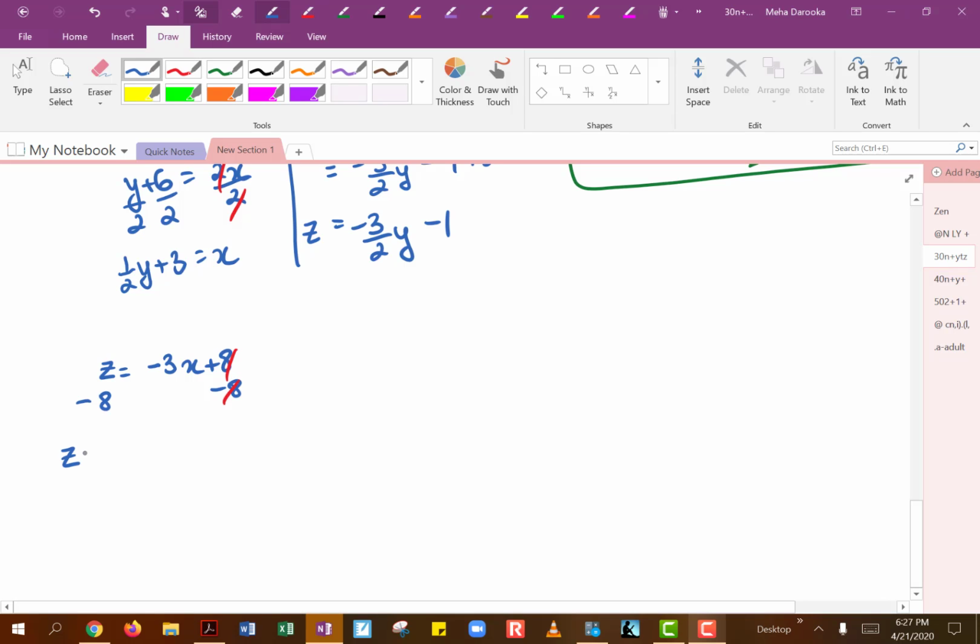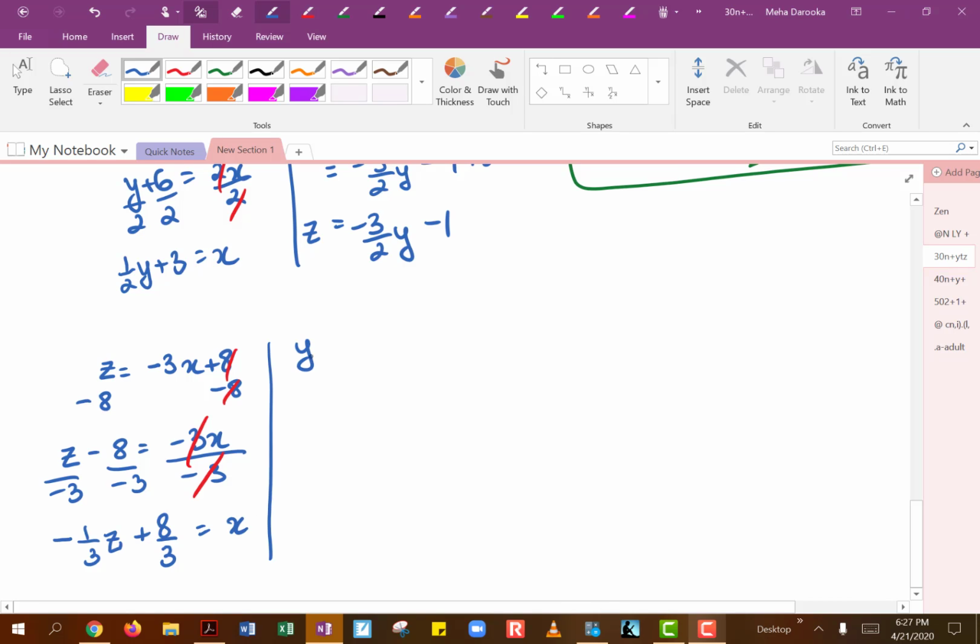Then you would have z minus 8 equals negative 3x. Divide everything by negative 3, and that would end up giving us negative 1/3 z plus 8 over 3. And of course now this would equal x.